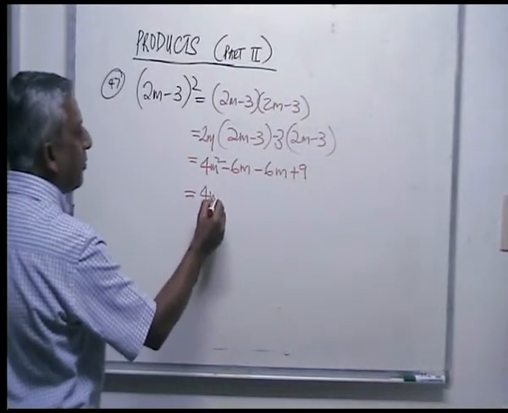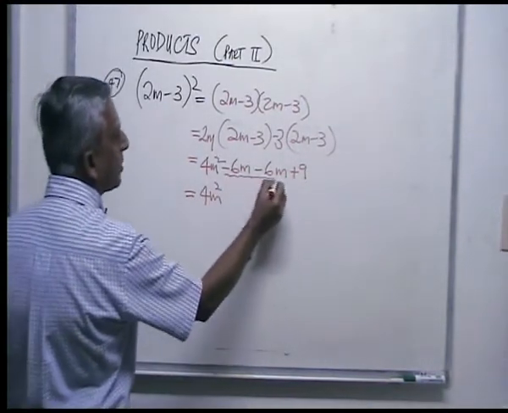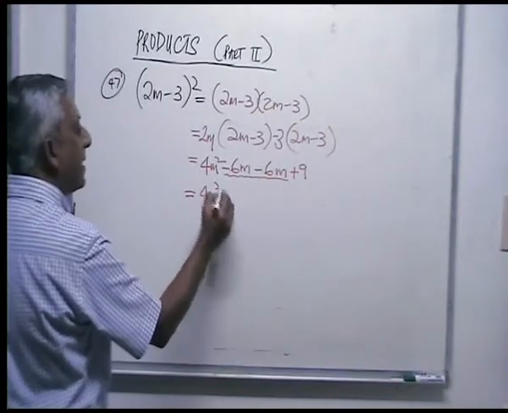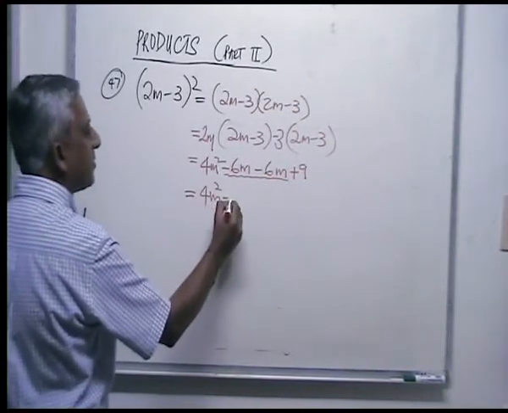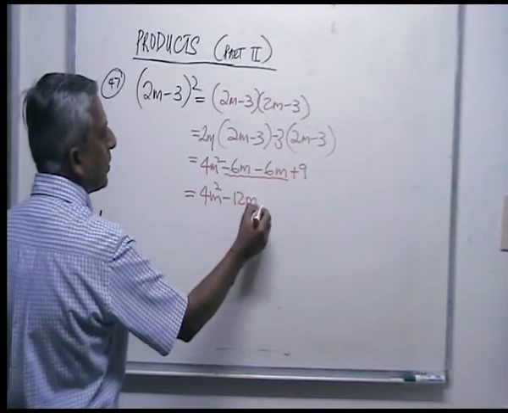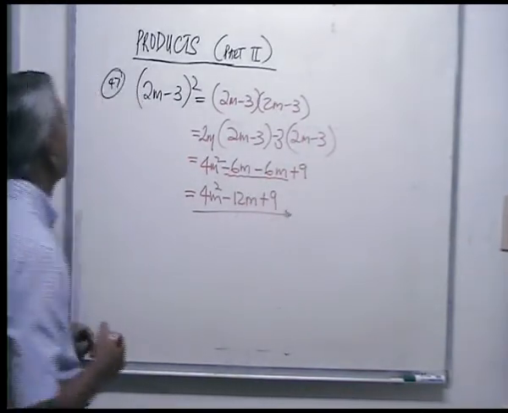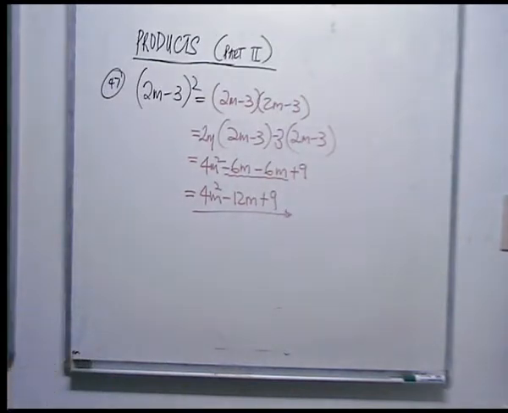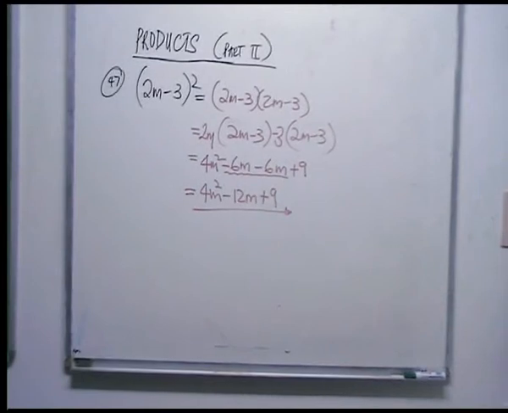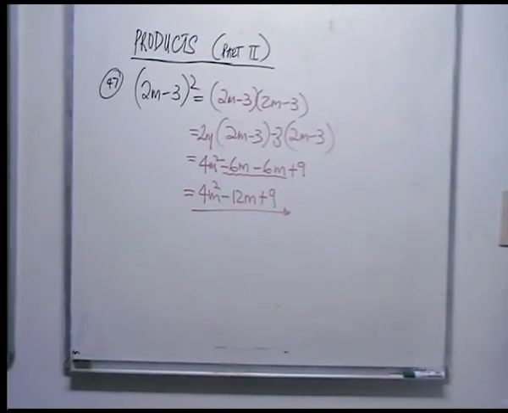And then once again bring down the 4m squared. Add those like terms up. Minus 6 plus minus 6 gives you minus 12m plus 9. So that brings us to the end of the examples on squaring a binomial. Alright, later on when we finished with products, then we will come to the shortcuts.